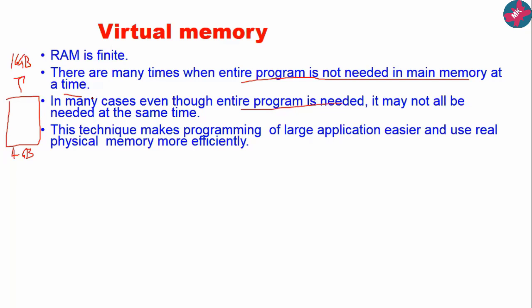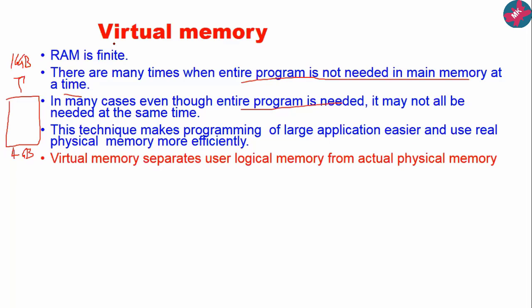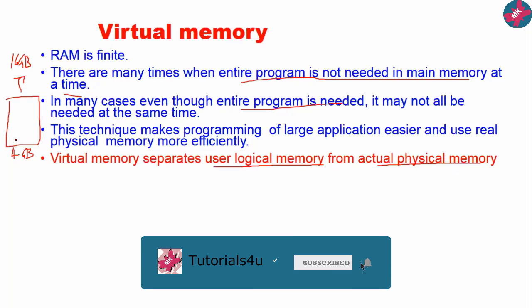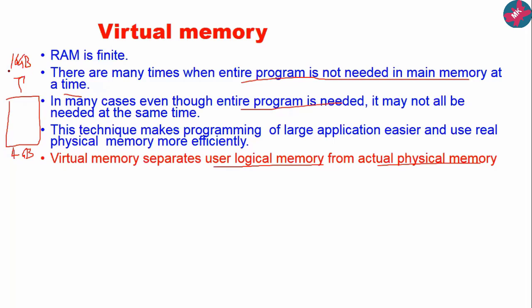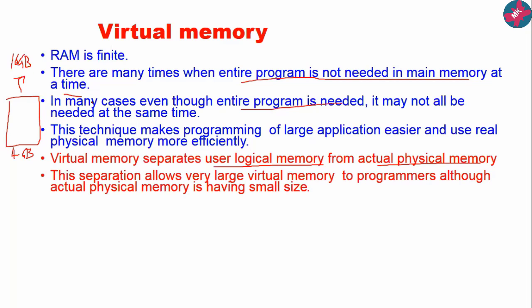So how will you define virtual memory? It separates user logical memory from actual physical memory. Actual physical memory may be 4 GB, but the system may give the illusion that there is 16 GB of memory. Due to this separation, a very large virtual memory is available to programmers, although the actual memory is of small size.